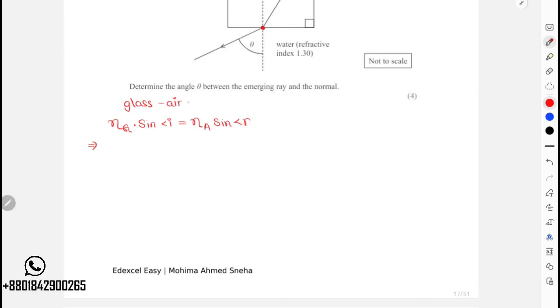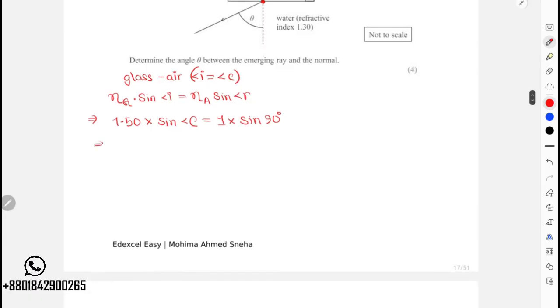It was already stated that angle I equals angle C. So now I can write n of glass was 1.50 multiplied by sine angle C, equals the refractive index of air, which was 1, multiplied by sine 90.